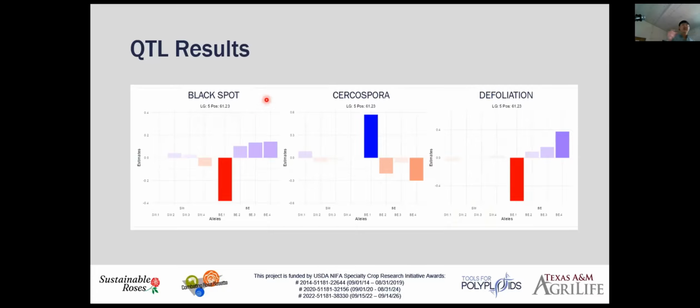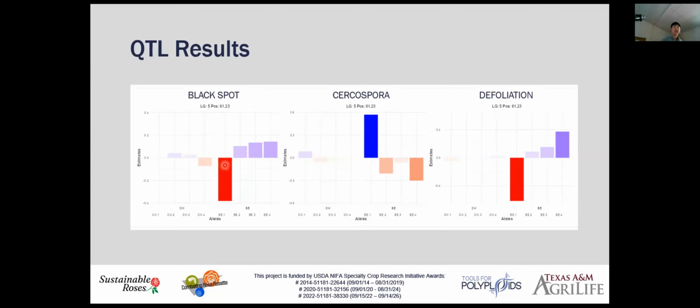So if an individual in the mapping population had this Bright Eyes 1 allele homolog, then it is most likely going to be black spot resistant. However, it's going to be cercospora susceptible and defoliation resistant. So what we saw earlier in the previous few slides, where you had that overlapping QTL on linkage group 5, is this.